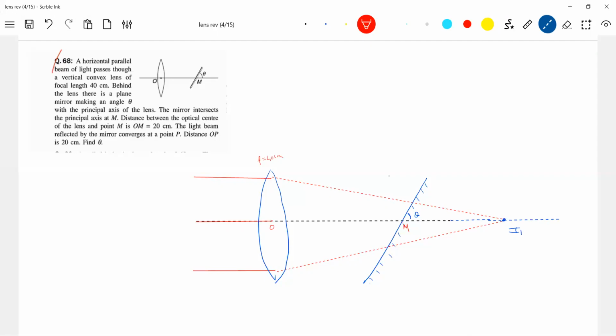And he has given OM is 20. The distance OP is 20 centimeter. The mirror intersects the principal axis at M, and the light beam reflected by the mirror converges at point P. There is some point P where all the rays will go and converge. Converging rays, I'll take in some other color. Okay, they will converge, he himself is telling.